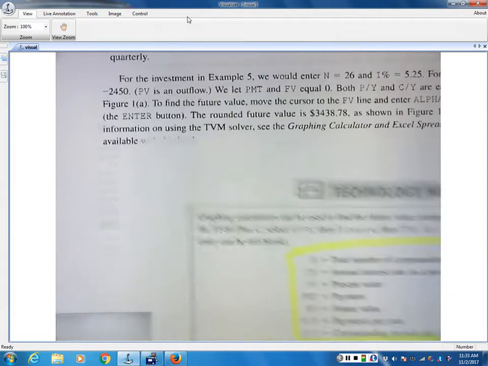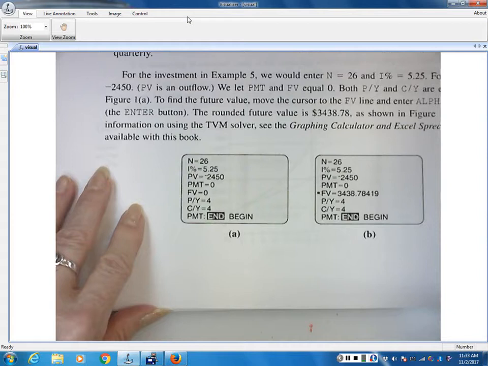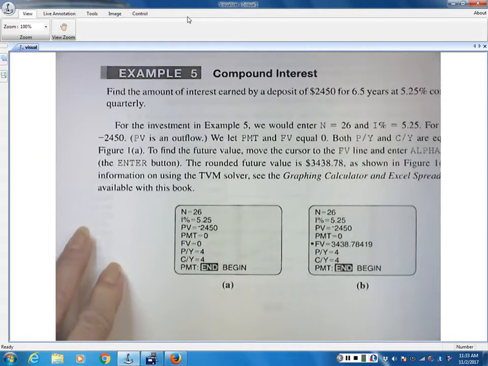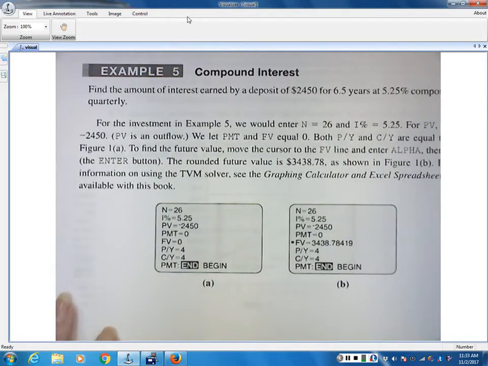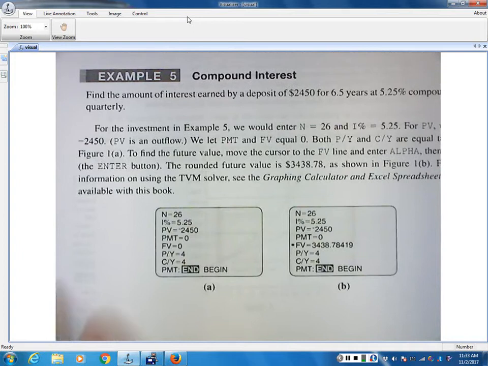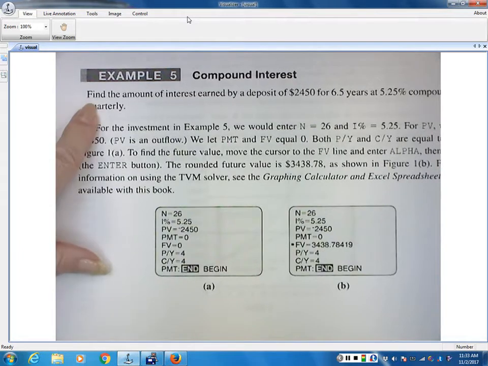I'm going to keep this handy. We're going to look at example 5, the one we just did. Find the amount of interest earned by a deposit of $2,450 for 6.5 years at 5.25% compounded quarterly.